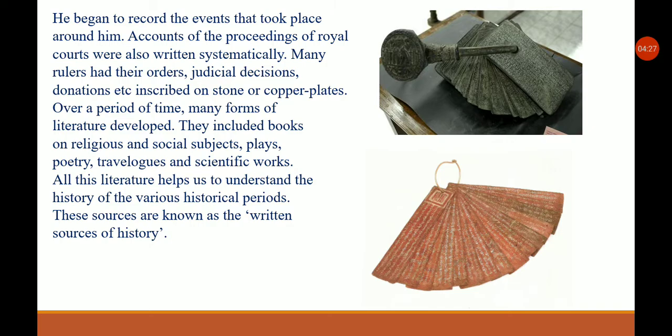They developed lots of languages. They included books on religious and social subjects, plays, poetry, travelogues, and scientific works. All this literature helps us to understand the history of the various historical periods. These sources are known as the written sources of history.